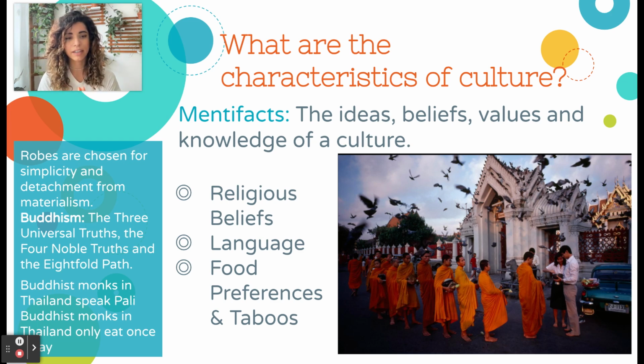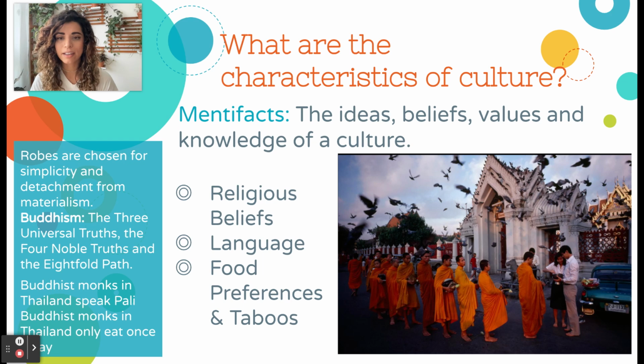So, still using this idea of this temple in Thailand and Buddhism, the robes themselves are an artifact, but the way that they're designed, what they represent, is a mentifact. These particular robes are chosen because they're supposed to be simple, a detachment from materialism.